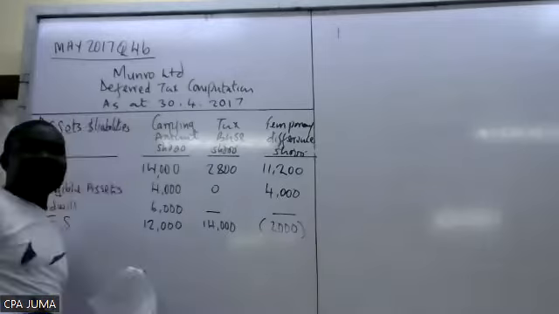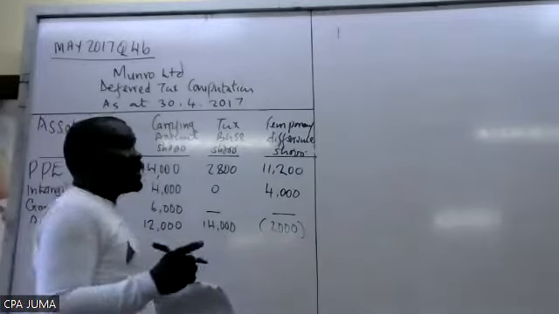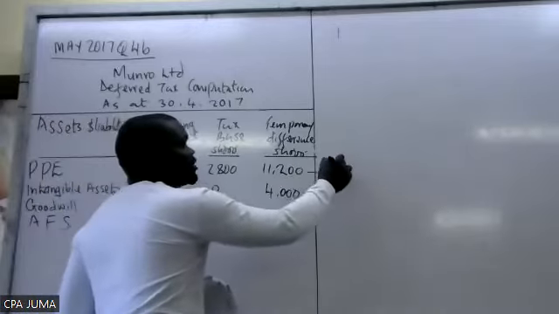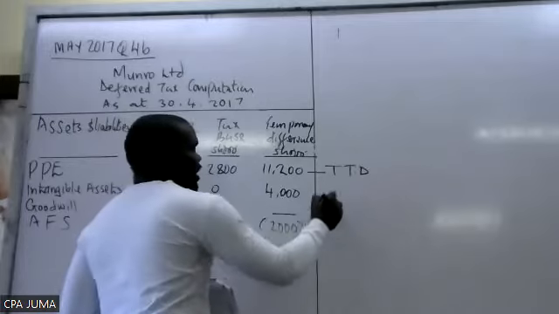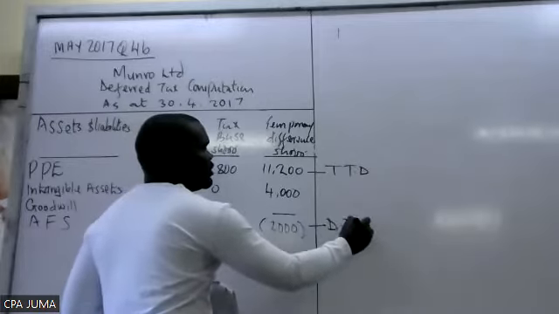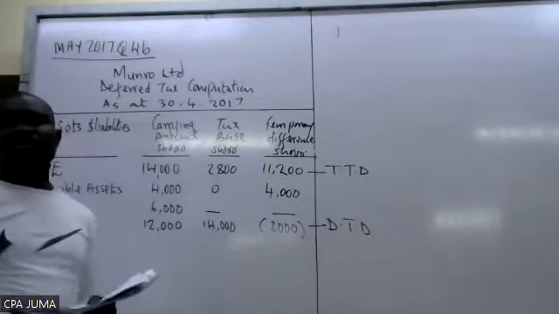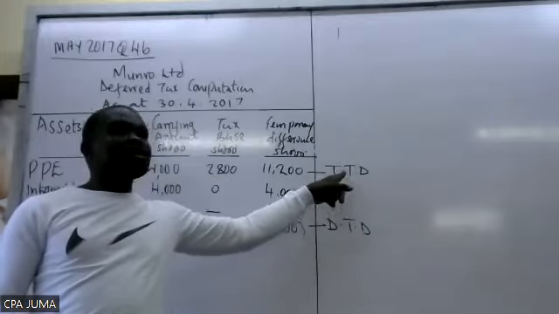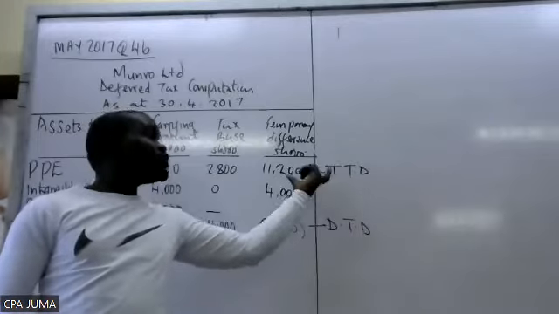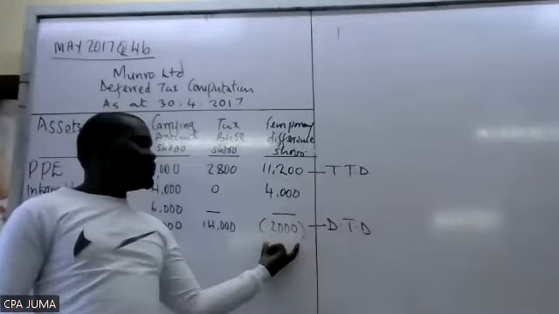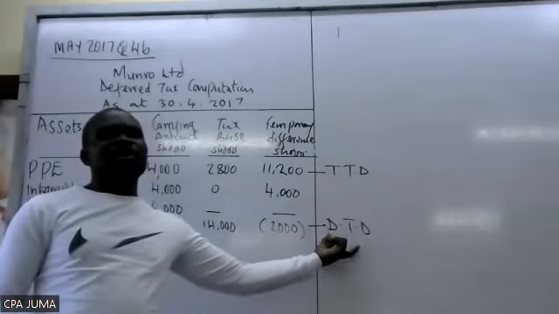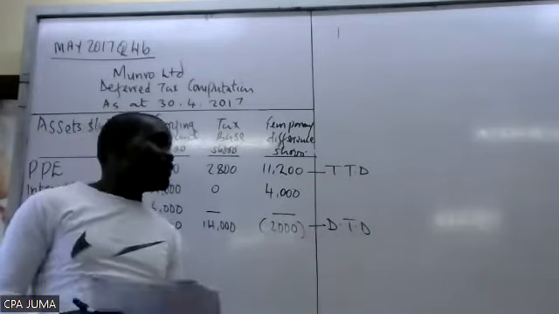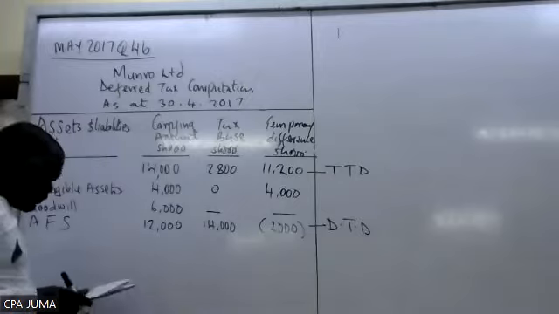And by the way, it's not a must we write, but for your attention, you need to know that positives are called TTD and negatives are called DTD. TTD stands for taxable temporary differences. Positive is taxable, while negatives are deductible. Alright.